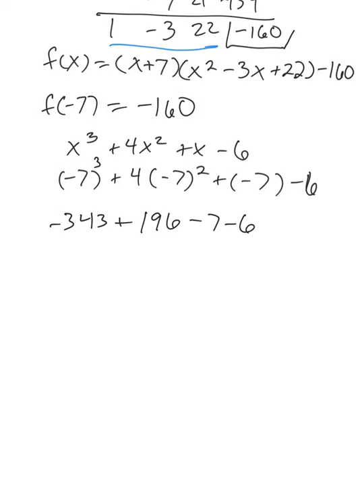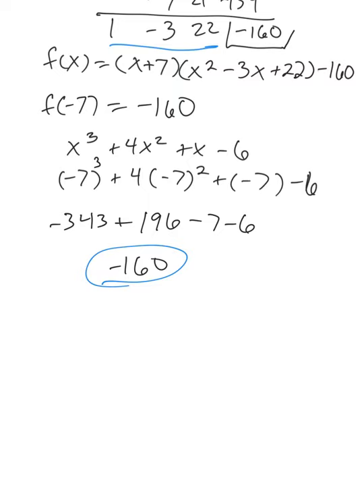So let's combine all that together. Negative 343 plus 196 minus 7 minus 6, and we got negative 160. So that proves our remainder theorem, that this is the same as if you had put it into a regular f of x.